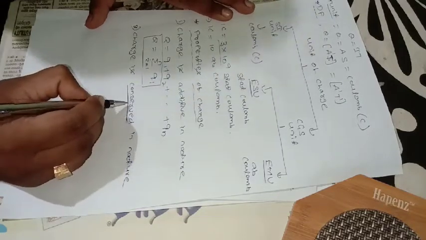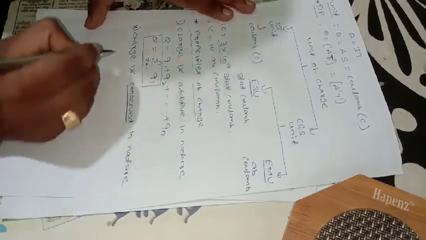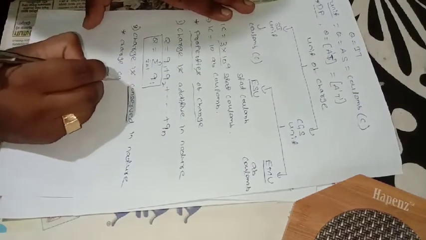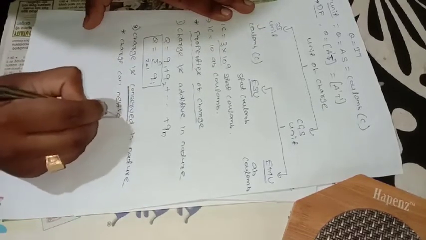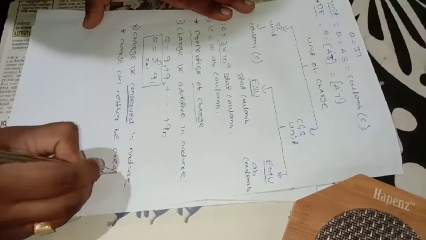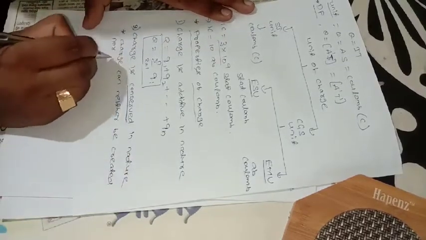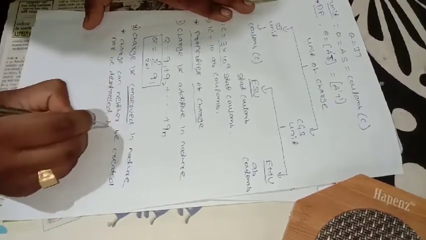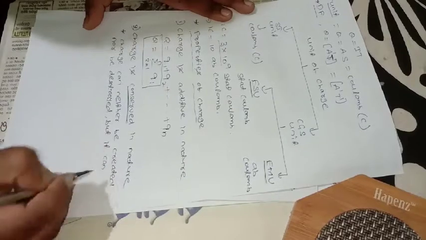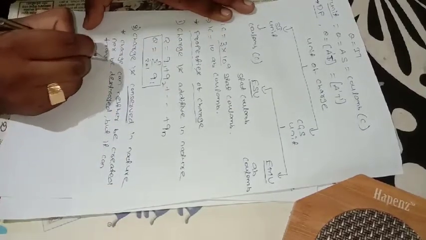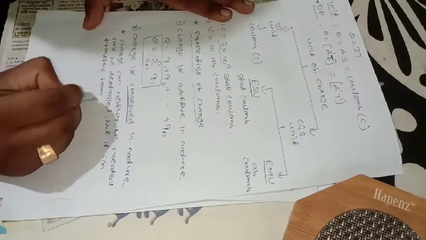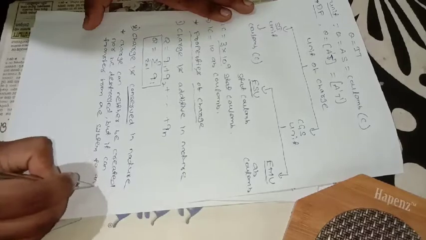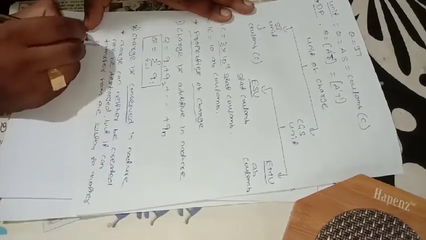Conservation of charge means charge can neither be created nor be destroyed, but it can transfer from one system to another system.